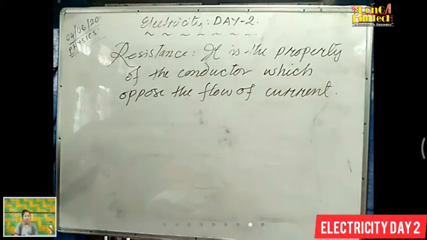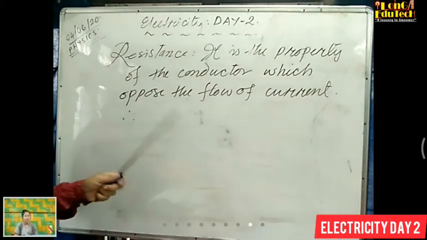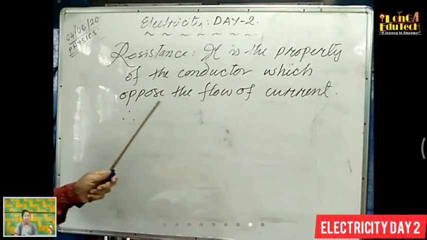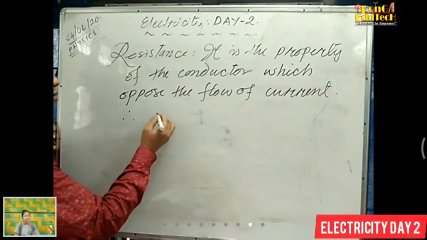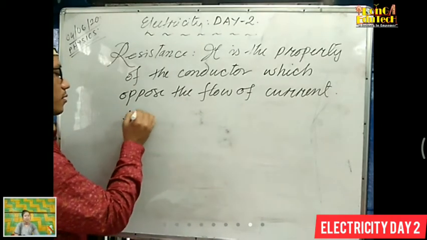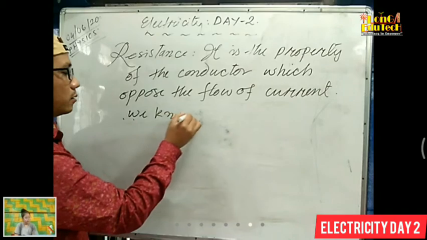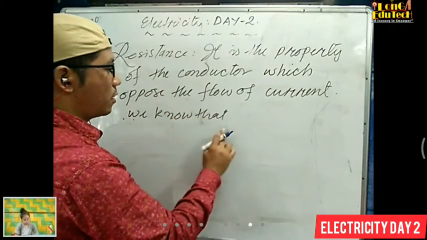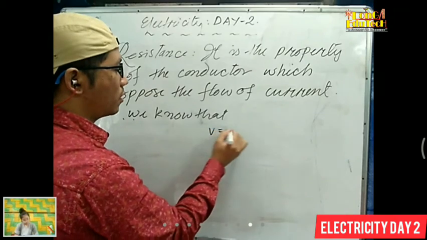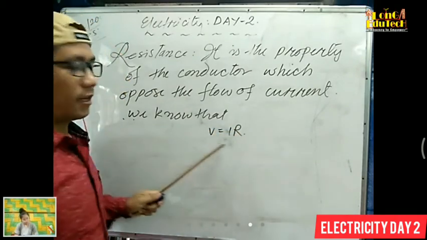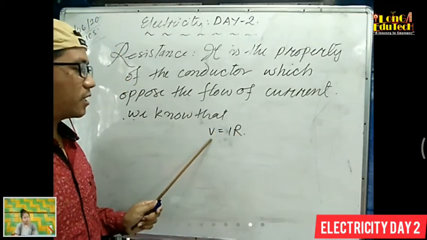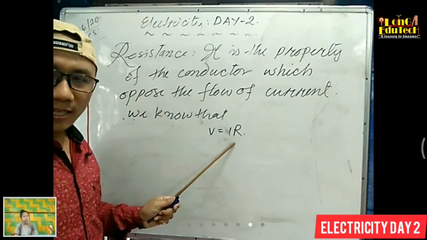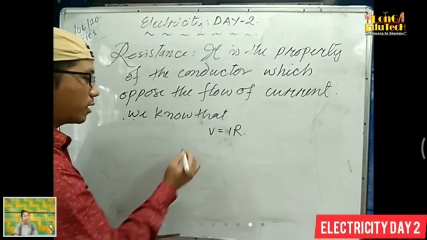So therefore, what we already know before, V is equal to IR. ये समझ गया ना? From Ohm's law हम V is equal to IR समझ गया था. What will come here?